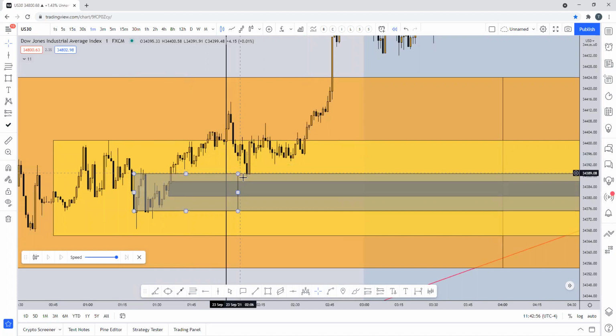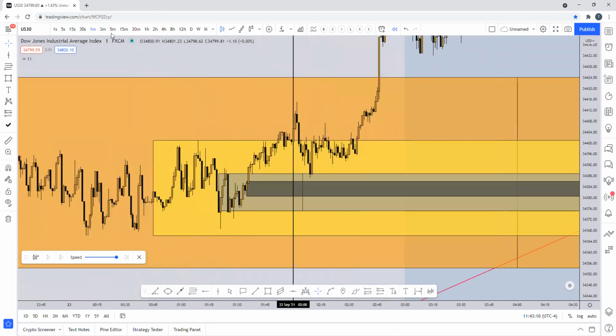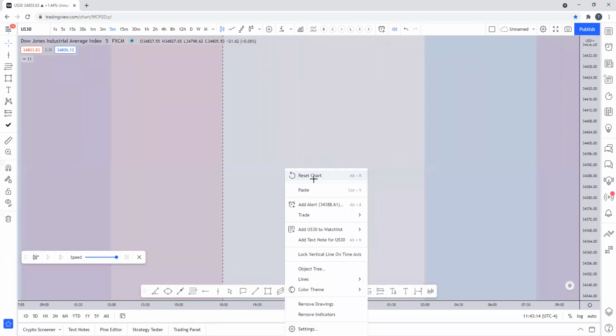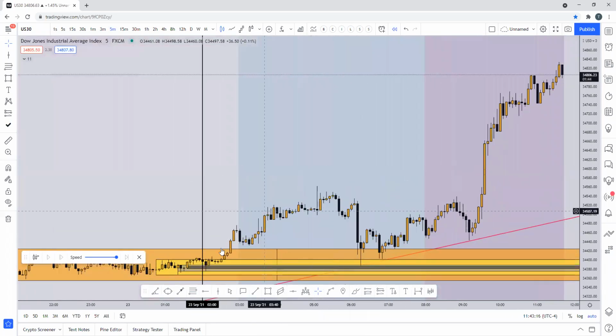Price on the 1 minute came right here and touched here. It didn't quite come into the box like I wanted to see, but it did respect this box here. And then let's go to the 5 minute. On the 5 minute, you can actually see it come down here.